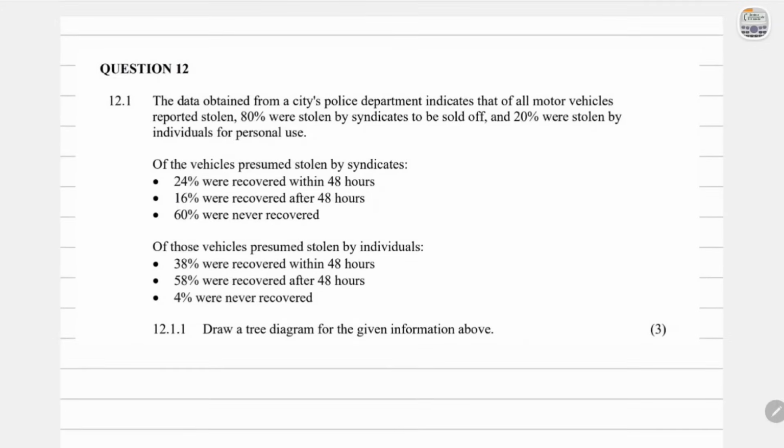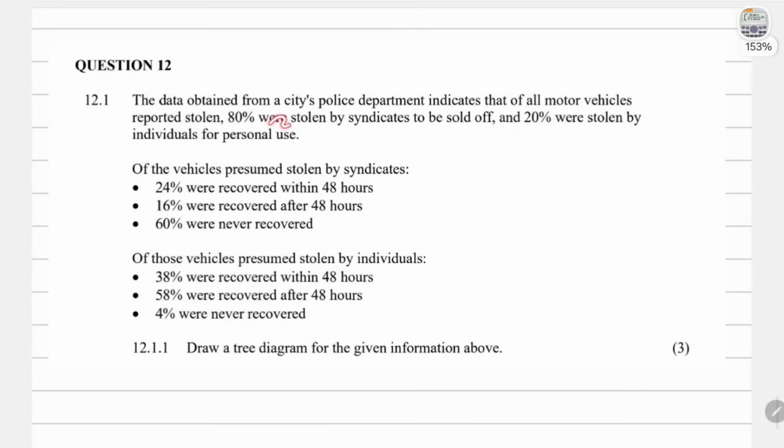Question 12, 12.1 says, the data obtained from a city's police department indicates that of all motor vehicles reported stolen, 80% was stolen by syndicates to be sold off, and 20% was stolen by individuals for personal use.